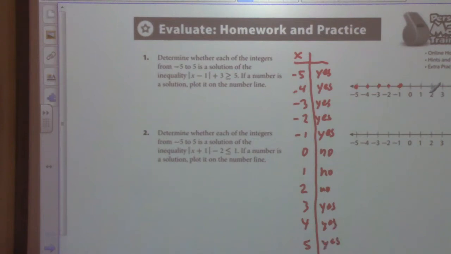So we have 3, 4, and 5 that get marked. That's what this one looks like here. Now I want you to go ahead and work out number 2 while I attend to class administrative duties.